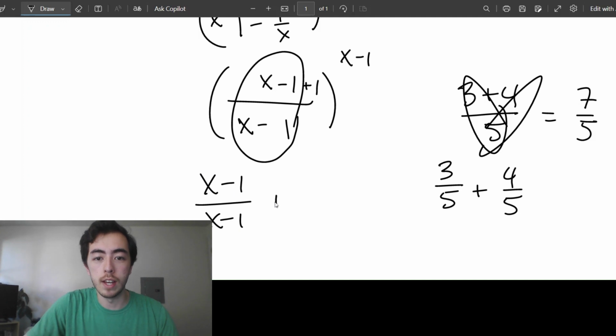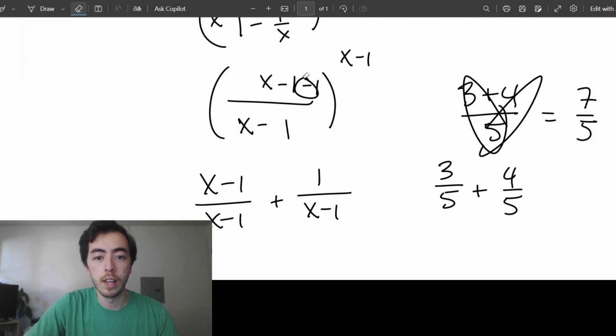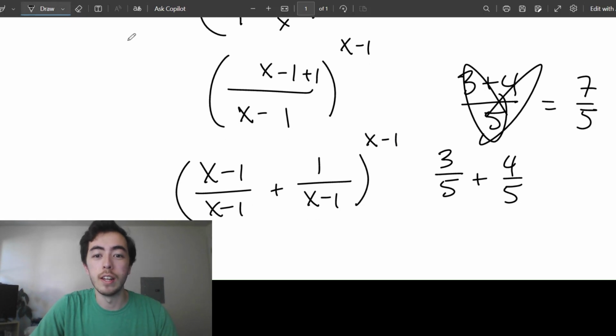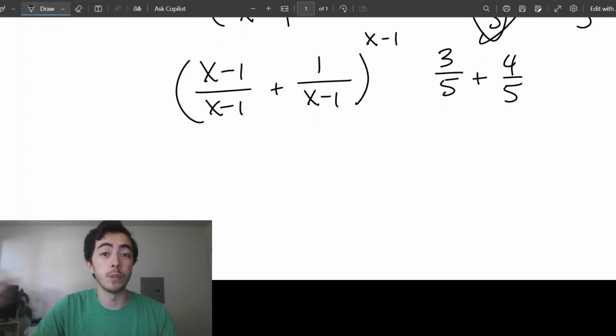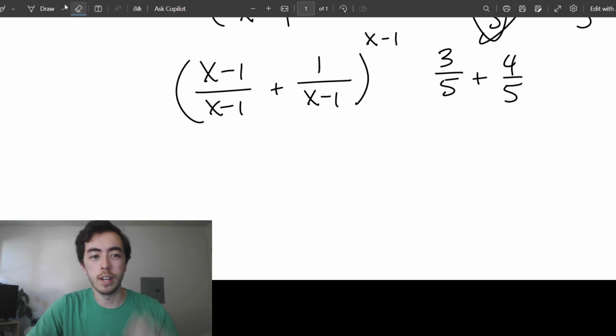I'll keep that sign the same, this plus sign right here. And then I want to distribute that x minus 1 denominator to the plus 1 over here on the right side. I'm still going to keep all of this in parentheses to the power of x minus 1. And here, as long as x isn't equal to 1, I can call this the number 1. Because if x were 1, I'd have 0 over 0.